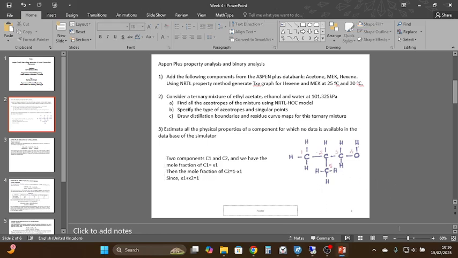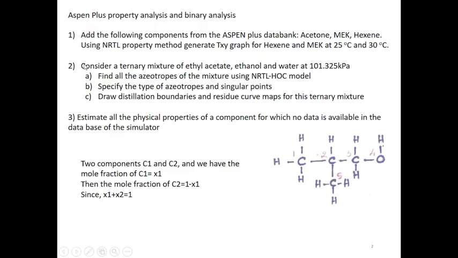So the next question that we are going to solve is this. Previously we have considered binary analysis. We had three components, out of which we studied the interaction of MEK and hexene. Now we are going to consider three components. The ternary mixture that we are going to consider is ethyl acetate, ethanol, and water, and the pressure is 101.325 kilopascal.